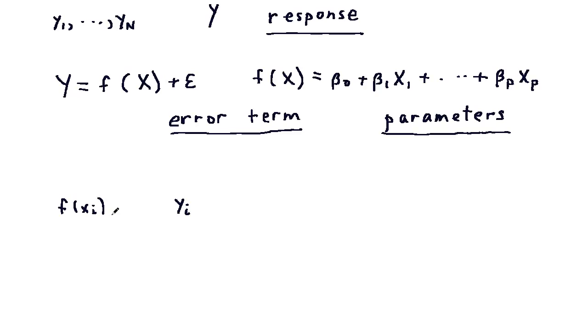Okay, so we look at the amount by which f of xi differs from the actual yi for each of the pairs x1, y1 through xn, yn.